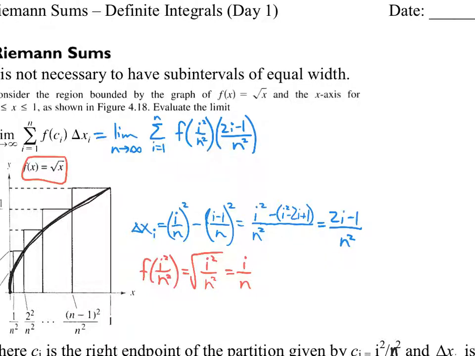So, now I'm taking the limit as n approaches infinity of the sum from i equals 1 to n of that i over n times the 2i minus 1 over n squared. You guys follow how this works? Yep. Once I'm here, we're right back to the same stuff we were doing before.